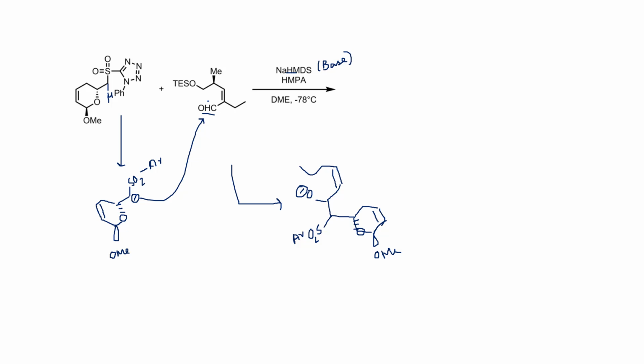So after the elimination, we'll get this type of double bond. So here this group will be there, I am not drawing, and here the other ethyl and OC. Okay, so here the double bond will be formed.